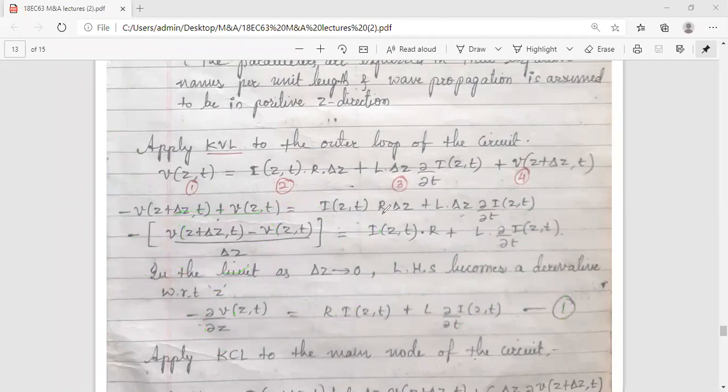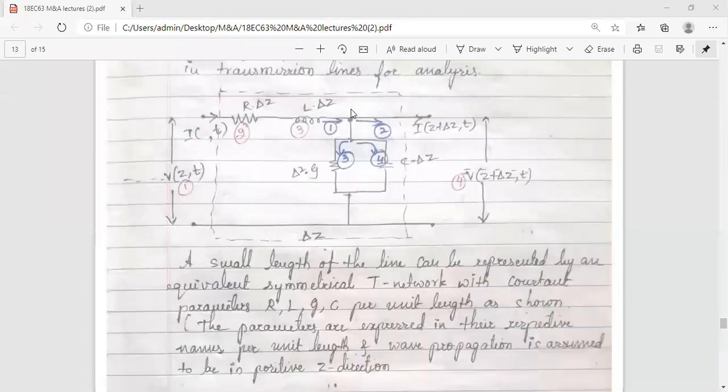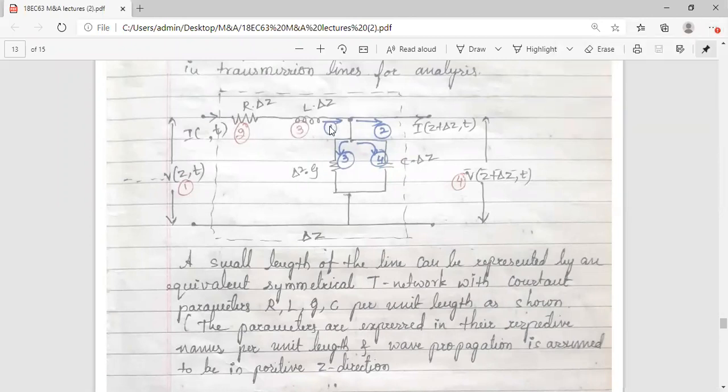Similarly, what we will do, we will go for applying the KCL for the circuit. In order to apply the KCL, look at the figure. This is a node. At this node, current is entering at first, number 1, where I have pointed with the blue pen.